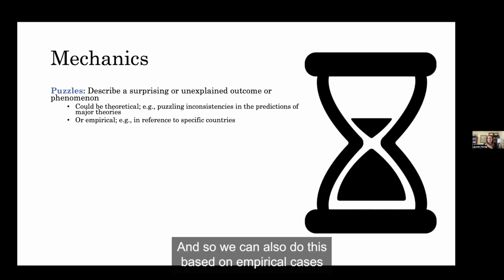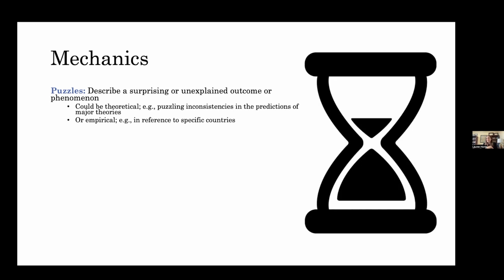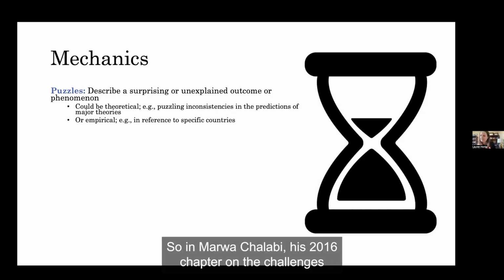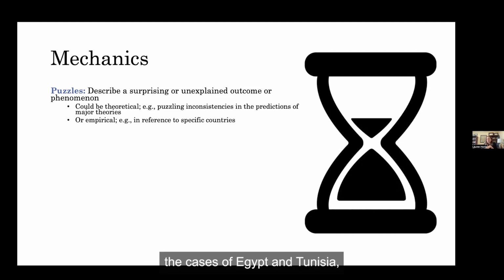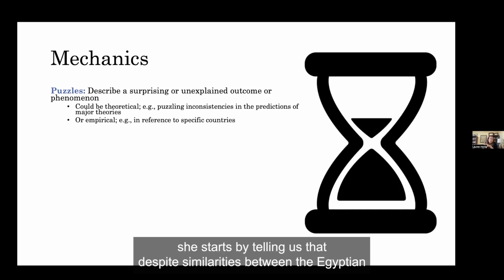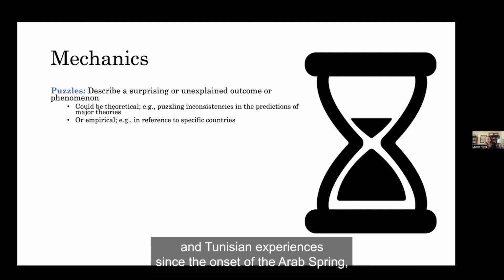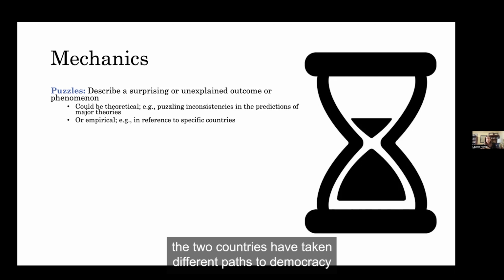And so we can also do this based on empirical cases in countries of interest. So in Marwa Shalabi's 2016 chapter on the challenges facing women's political participation in post-Arab Spring, the cases of Egypt and Tunisia, she starts by telling us that despite similarities between the Egyptian and Tunisian experiences since the onset of the Arab Spring, the two countries have taken different paths to democracy and to achieving gender parity in the decision-making process, okay?